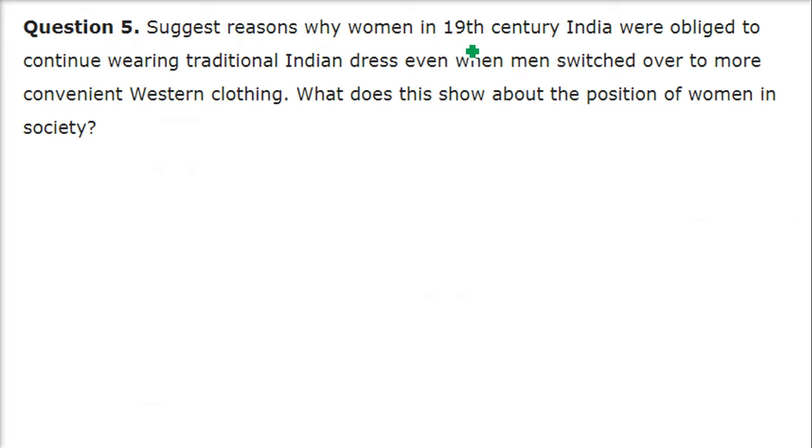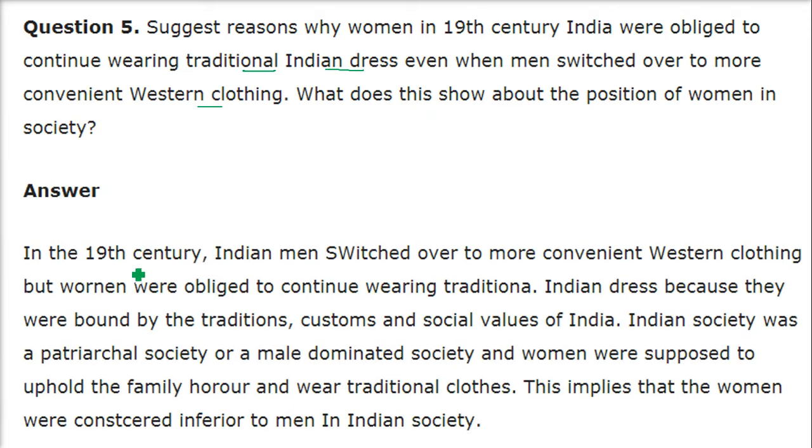Suggest a reason why women in 19th century India were obliged to continue wearing traditional Indian dress even when the men switched over to more convenient Western clothing. What does this show about the position of women in society? In the 19th century, Indian men switched over to more convenient Western clothing, and the women continued to wear the traditional dresses.